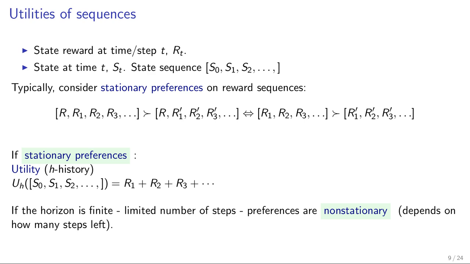One is finite horizon and one is infinite horizon. And so the finite horizon means you will have only 10 steps. And that may create some problems because the policy may become non-stationary.